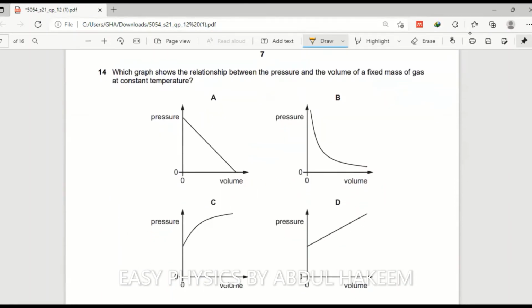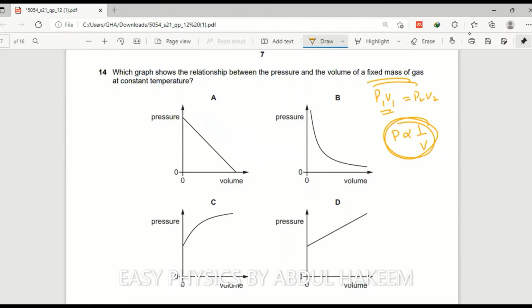And the next, which graph shows the relationship between the pressure and the volume of the fixed mass of the gas at the constant temperature? We have done that P1 V1 is equal to P2 V2. So it means pressure and volume are inversely proportional to each other for a fixed mass of the gas at constant temperature.